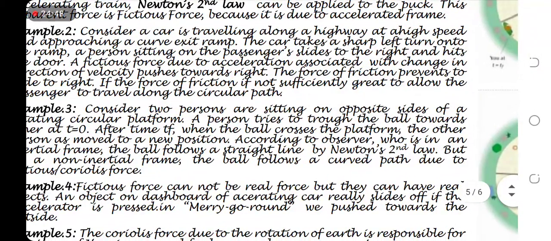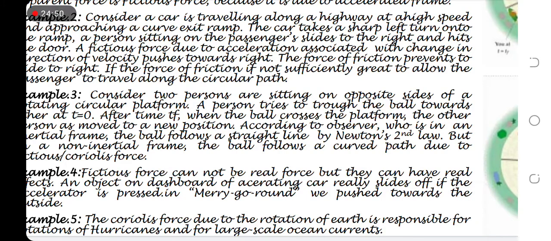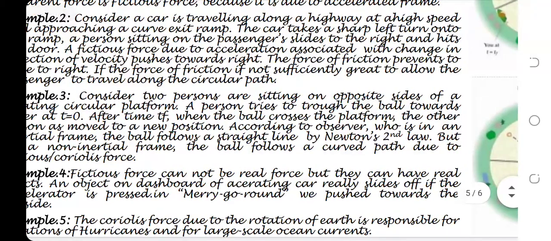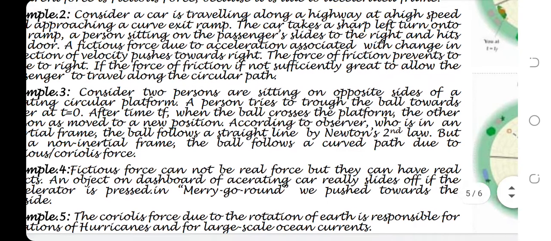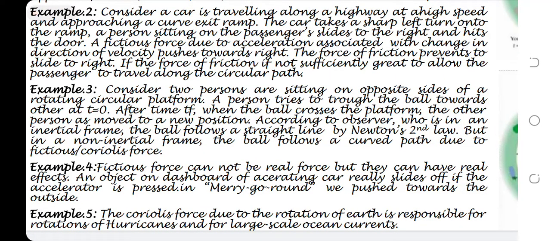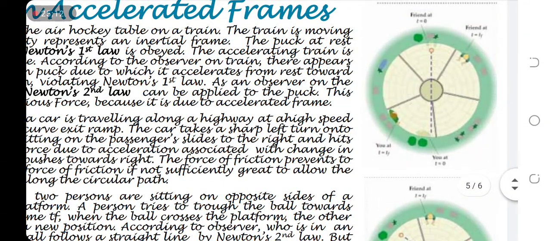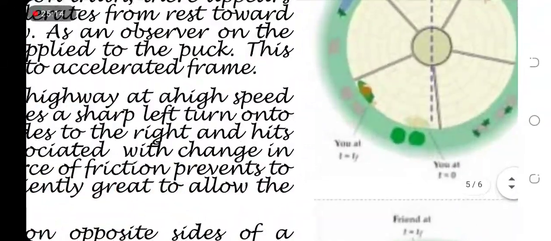So, consider the third example. Two persons are sitting on opposite sides of a rotating circular table. A person tries to throw the ball towards the other at t equal to 0. Suppose this is the diagram shown here. We can see the time is t equal to 0.